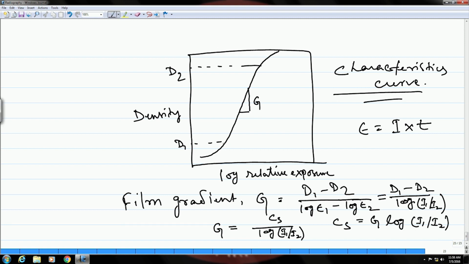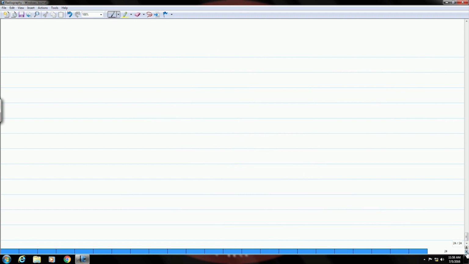And if you consider this range of exposure between two different densities, then this is known as film latitude. So, this is another parameter with regard to the film, known as the film latitude.